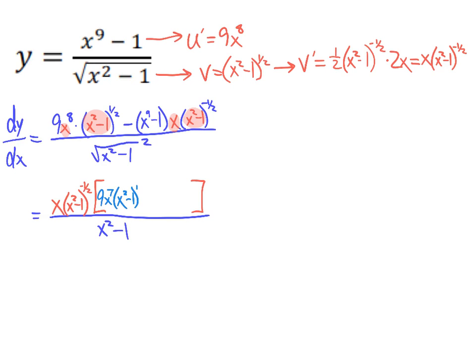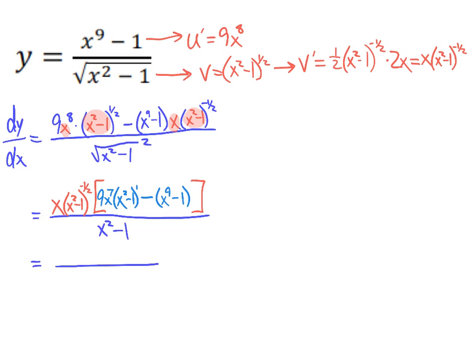Now I look at the rest of this: it's minus, I took out everything except for the x to the 9th minus 1, so here's x to the 9th minus 1. Now all we have to do is simplify. You'll notice here I have a factor that has a negative 1/2 power. What can I do with that? I can put that in the denominator. That's why we pull it out like that.